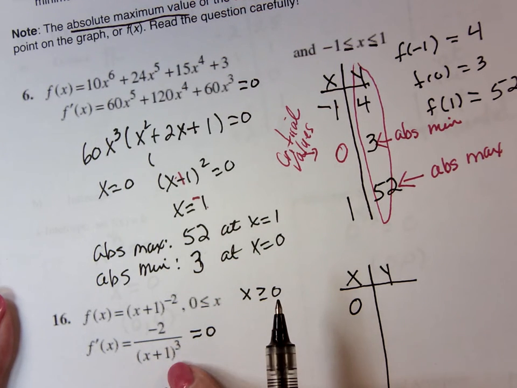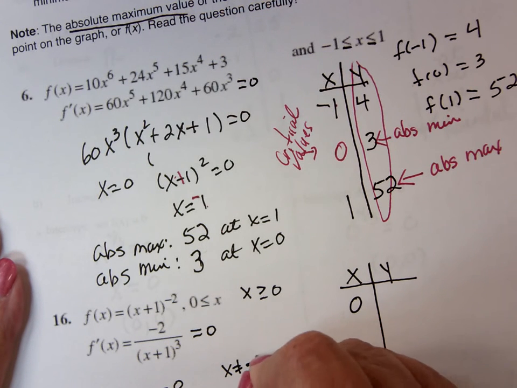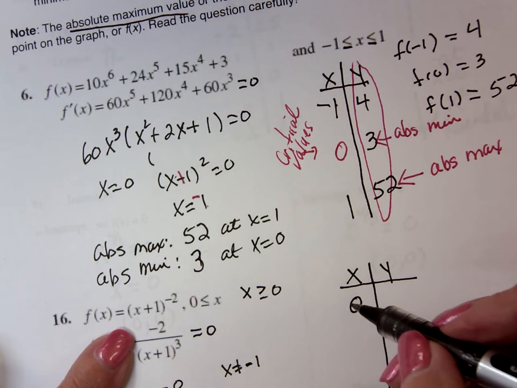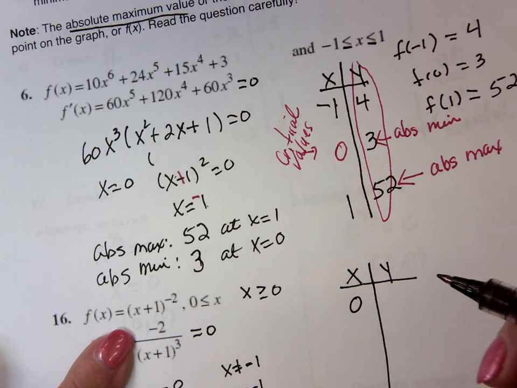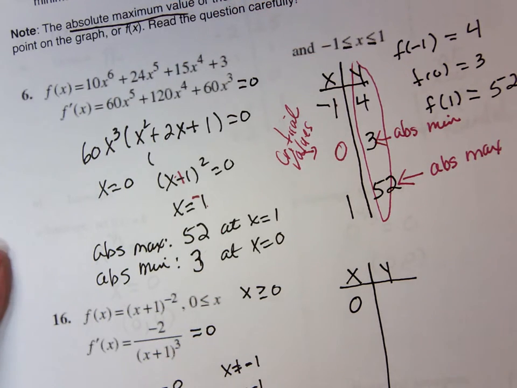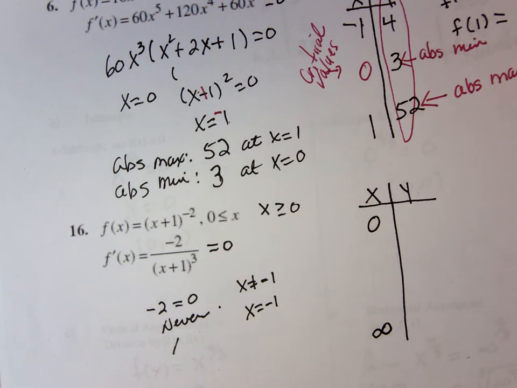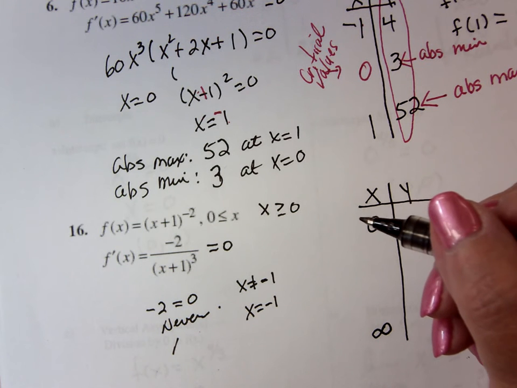Well, x can't be negative 1. However, what is x equal negative 1? Look at the original problem.